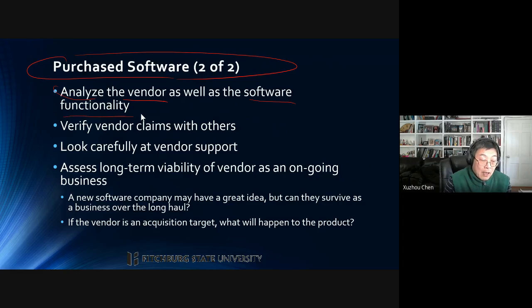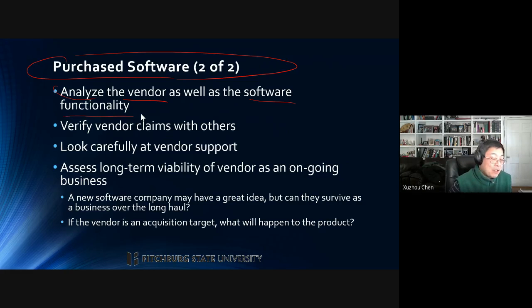Okay. And also, when you sign a contract with the vendor, don't just look at the price. You also need to look at the whole package. Some people just sell you the product very cheap, but there's also a trick inside.